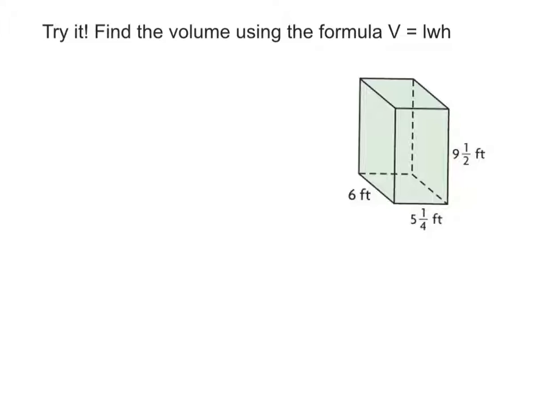Alright, so let's go ahead and solve this problem. Just to even estimate before we start, I'm just looking at my numbers. And if I have my length of 6 times my width of 5 1/4 times my height of 9 1/2, even if I just estimate by multiplying these whole numbers, 6 times 5 would give me 30.